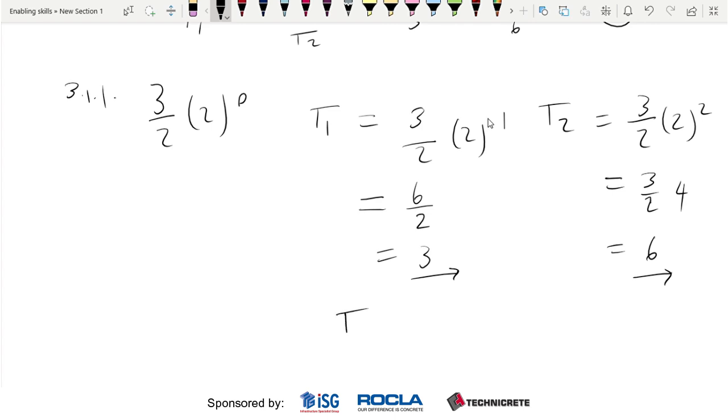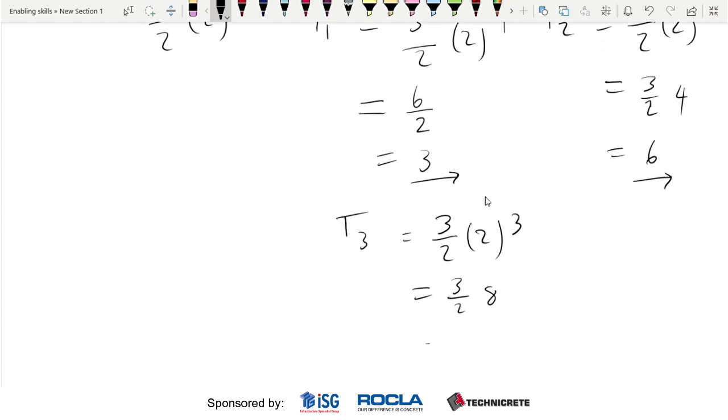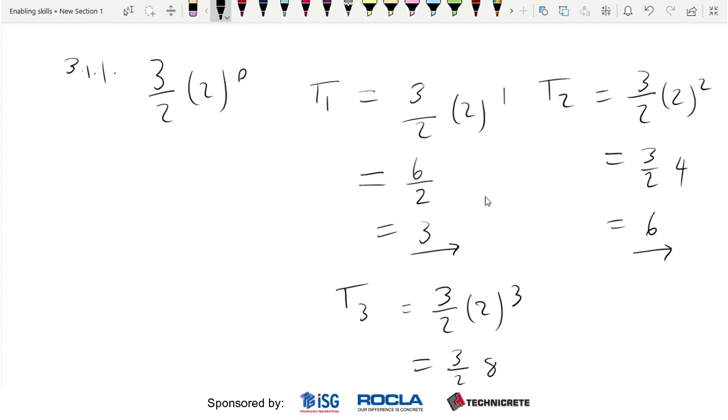Our third term would be 3 over 2 times 2 to the power of 3. 2 to the power of 3 is 8, so this is 3 over 2 times 8. And 3 times 8 would be 24 over 2, which gives us 12. So the first 3 terms in our series would be 3 plus 6 plus 12.